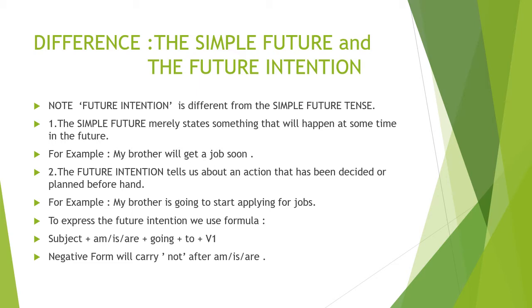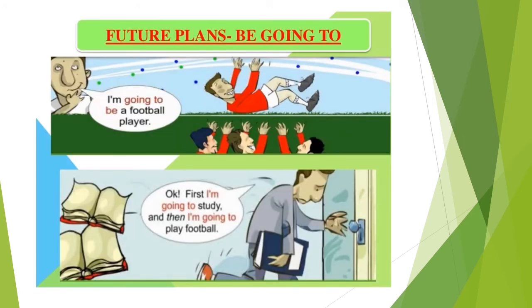How can you form a negative one? It will carry not, means you have to add only not to convey the meaning of negative. Let us see the example. You can see future plans. When we plan about the future, we always say be going to, means any form of be you will take, is, am, are, plus going to.